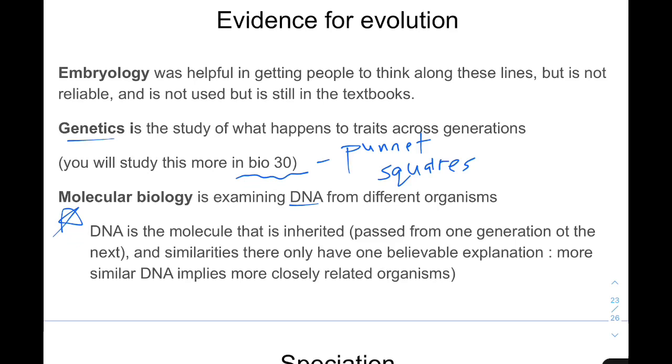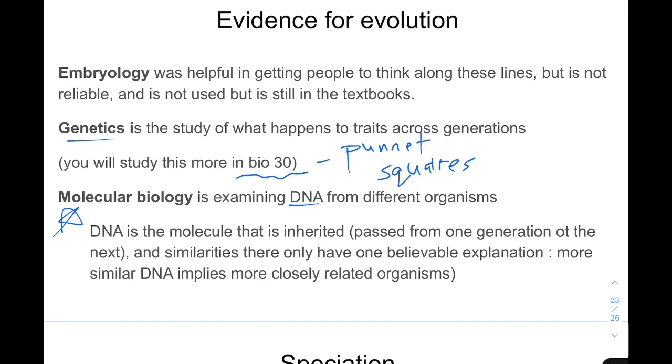This is by far the most reliable, frankly, just because of math. The number of molecules, number of atoms, number of individual pieces in a DNA molecule is so high that we can very confidently, just using statistics, tell how closely some things are related.